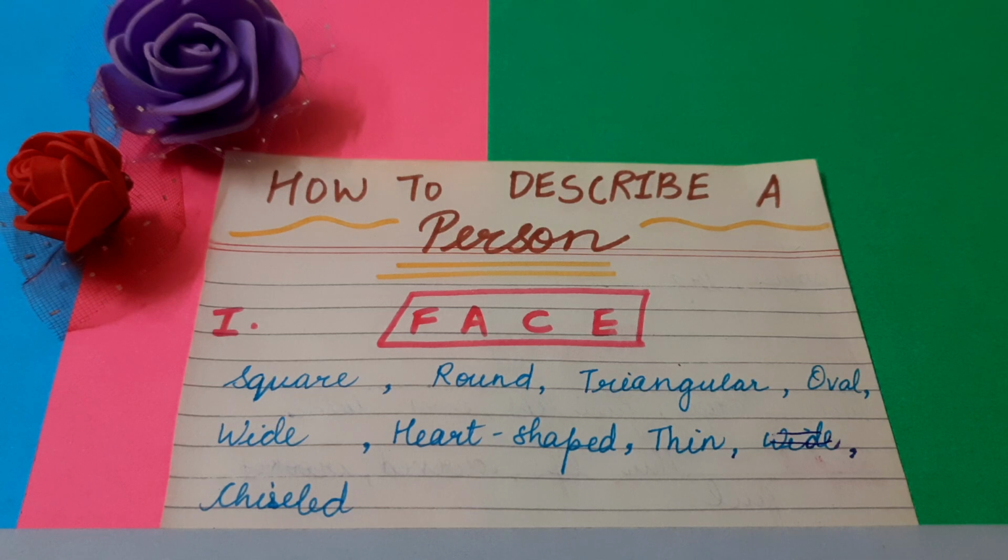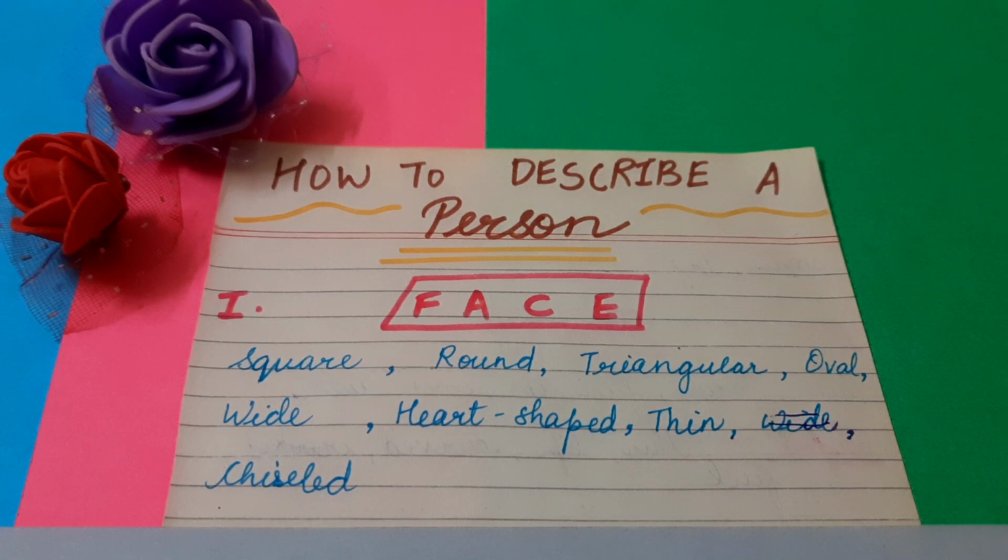When we say a person has a chiseled face, we mean that the jawline or the face cut of the person is kind of chisel shaped. That's why we call it a chiseled face. The person's face can be square, a bit round, oval, triangular, or heart-shaped. These are the different shapes that a person's face can have.